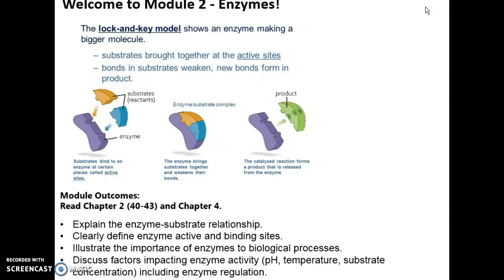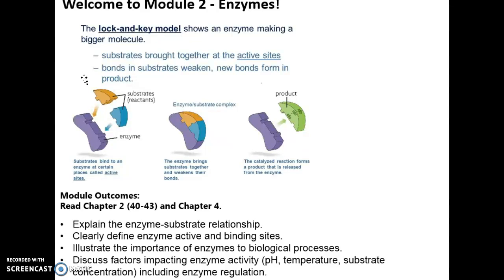The enzyme is the purple colored item here. An enzyme will bind to substrates at a specific active site, somewhere that it actually fits into that site. That's why it's called a lock and key. It fits specifically to those substrates, so that enzyme is specific to those two substrates.